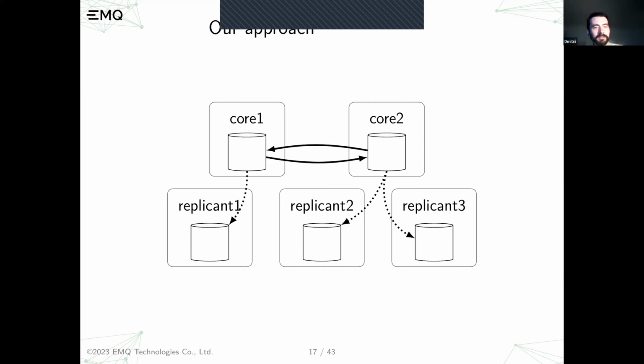When a replicant needs to update the table, behind the scenes Mria sends RPC to one of the core nodes, which executes transactions on its behalf. From Mnesia perspective, replicant nodes don't exist, so it does not have to broadcast any decisions to them. Also, we can freely add and remove them.